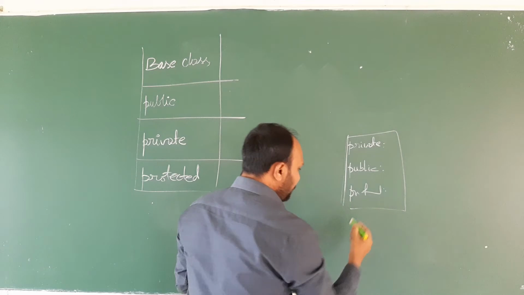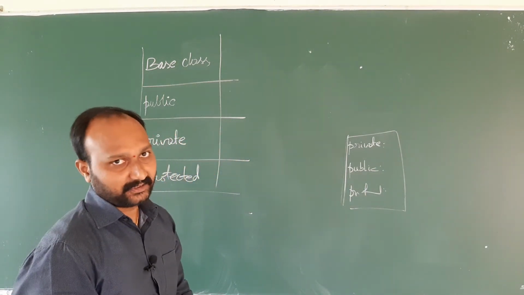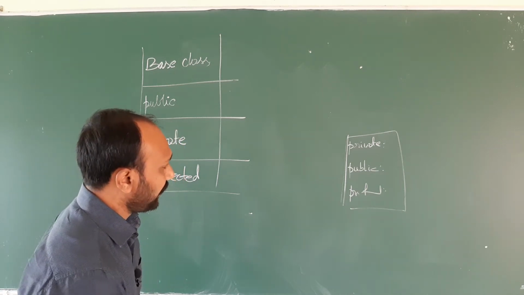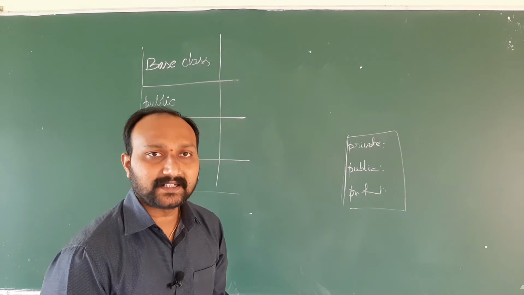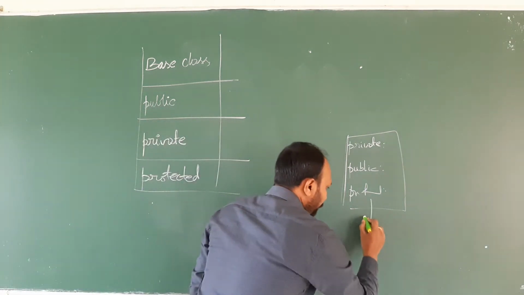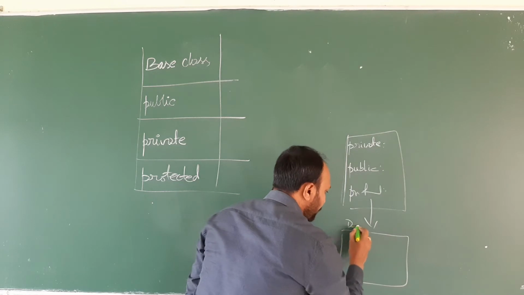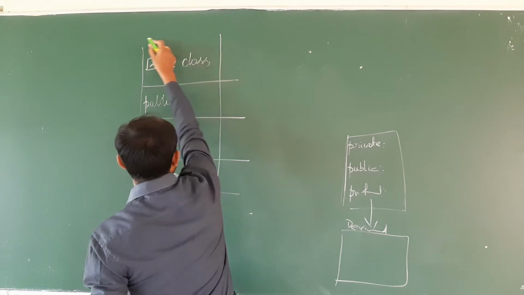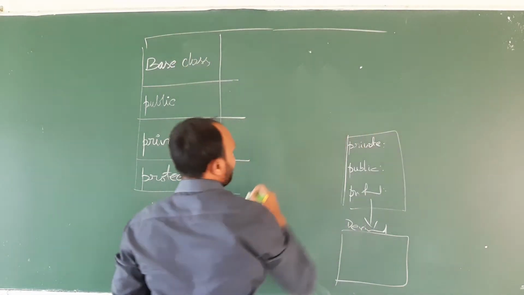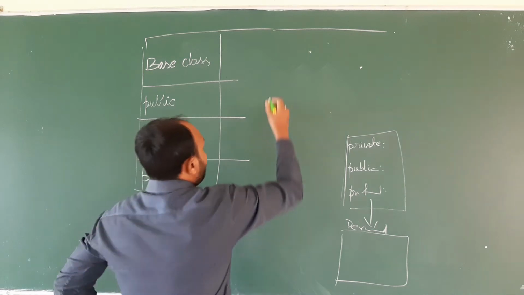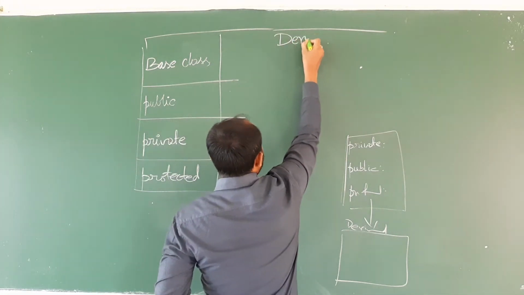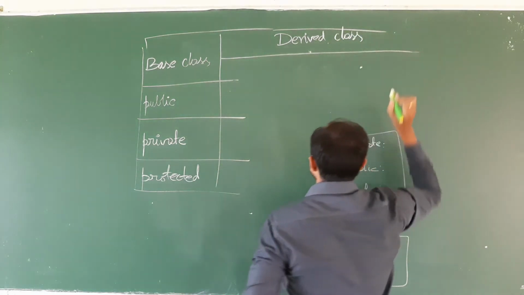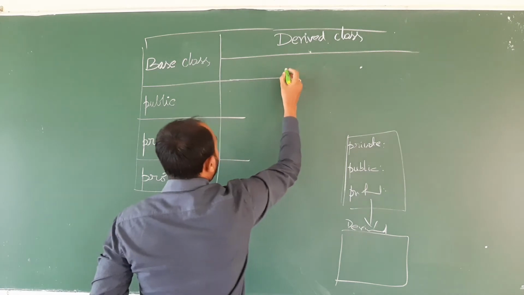So, now we will be inheriting the properties from the base class. How are you going to inherit? It all depends upon the type of inheritance mode we are choosing. We will be inheriting from the base class to a derived class, and at the time of inheriting, we will be choosing a particular type of inheritance. So a derived class can be derived in any one of the following ways.